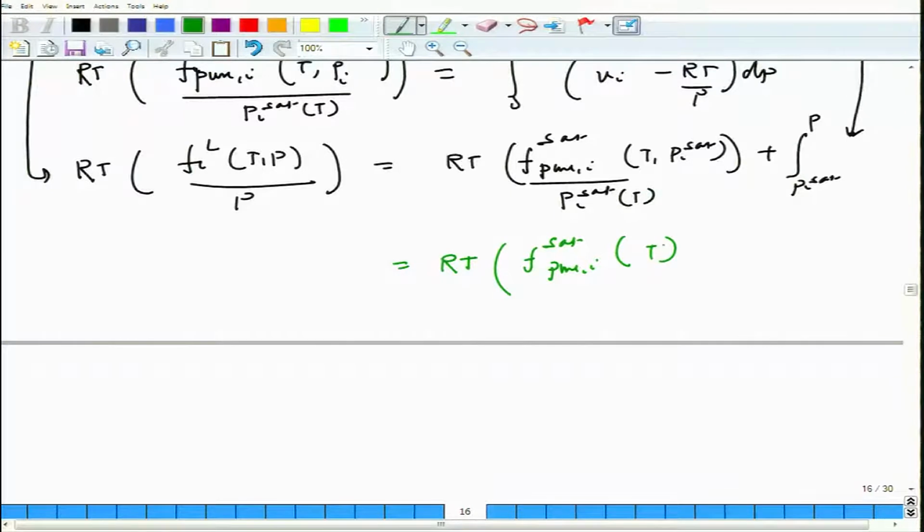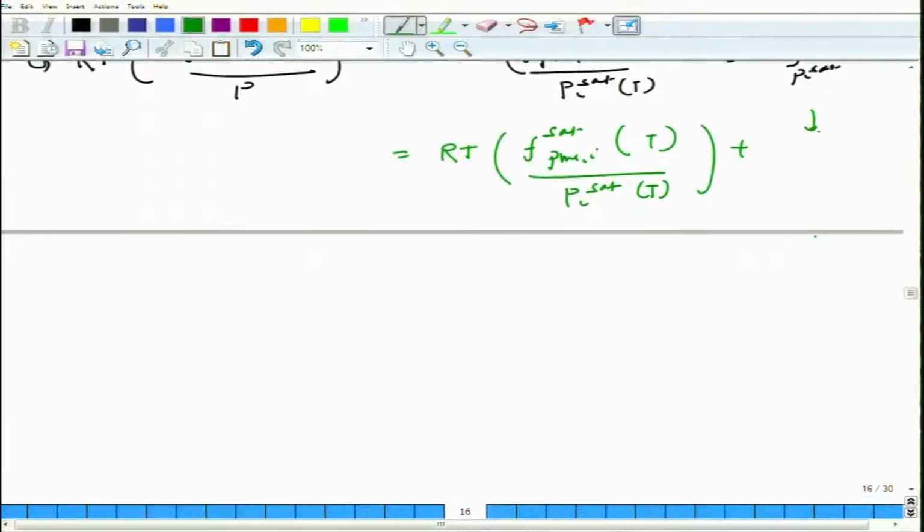So, this is only dependent on just one variable T, due to the fact that this is a pure system. So, I will write here P_i sat, again at T, plus this term.